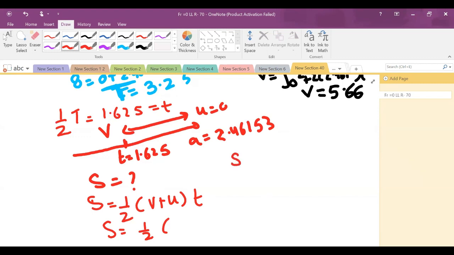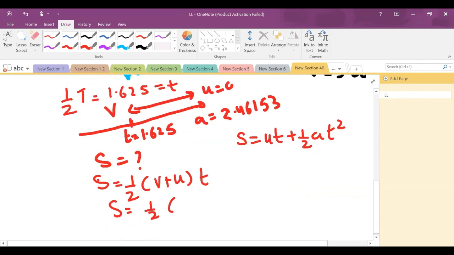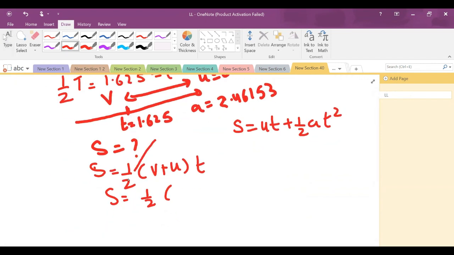I think it's going to be s is equals to ut plus half at square. Yes, it's that, because we don't know what v is.